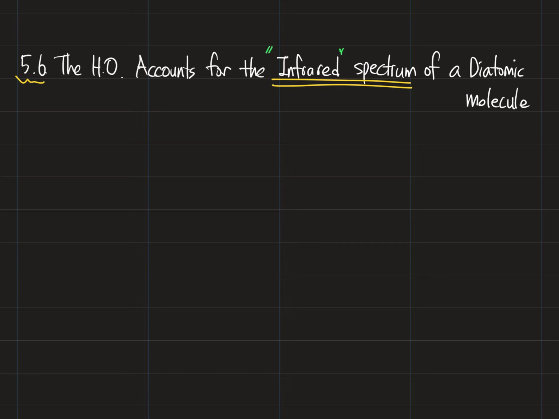I cannot remember exactly, but the carbonyl group has a characteristic peak near 1800, right? Anyway, the functional groups have their own characteristic peaks in the infrared region due to the vibrational motion. So we are going to check that.